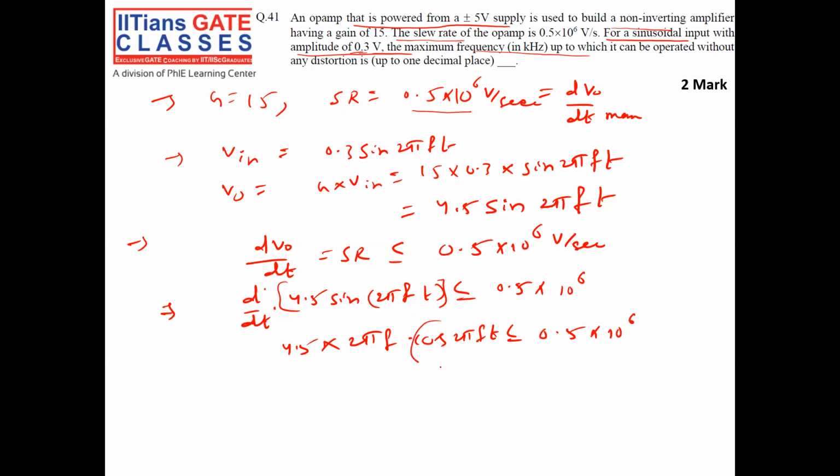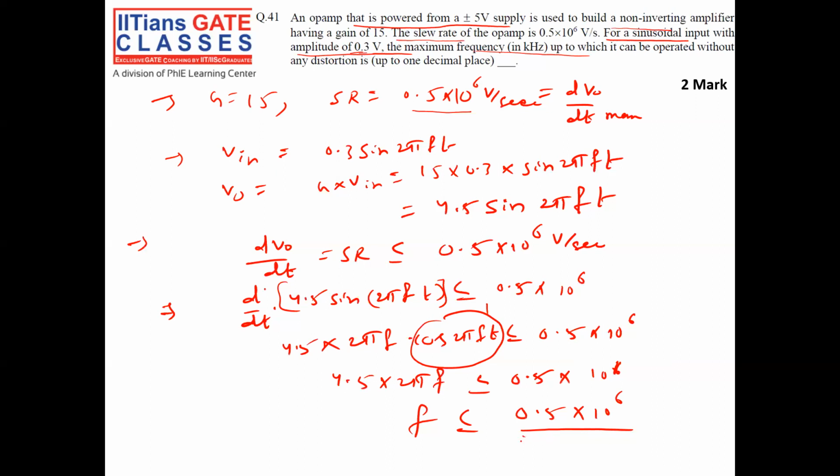The maximum value of the cosine is 1, so the maximum value of this expression is 4.5 × 2πf, which should be less than or equal to 0.5 × 10^6. So frequency should be less than or equal to 0.5 × 10^6 divided by 2π × 4.5.